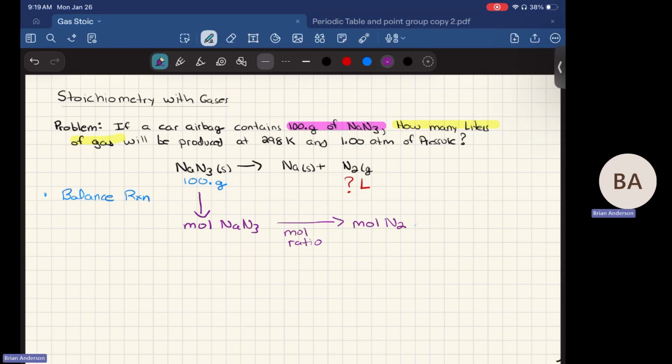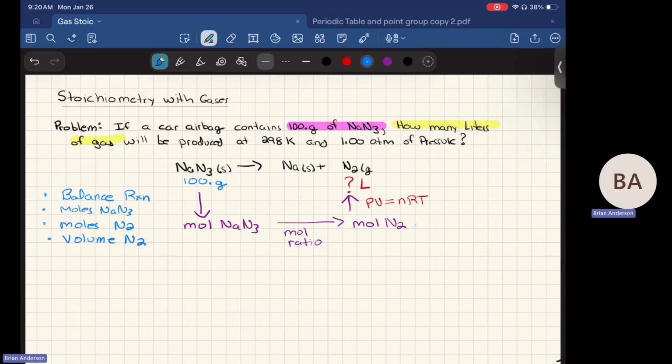Then once we have moles of N2, we can go to liters of N2, and in this step we're going to use our ideal gas law, PV equals nRT. So our steps are: balance the reaction, then calculate moles of NaN3 to find moles of N2 to find volume of N2. That's our roadmap for how to go about this.